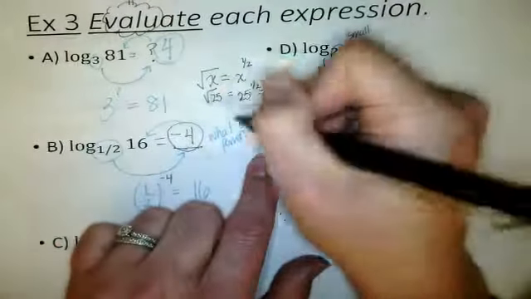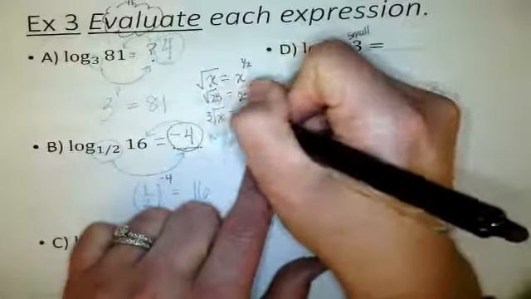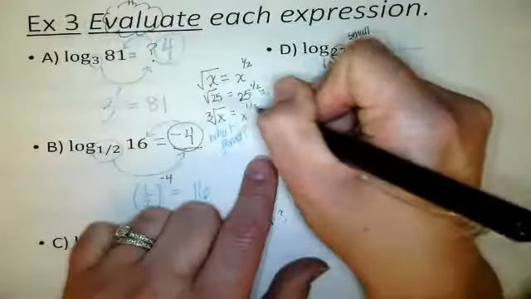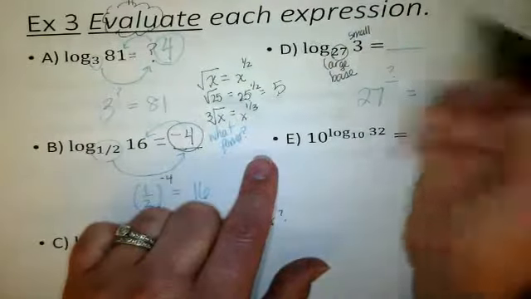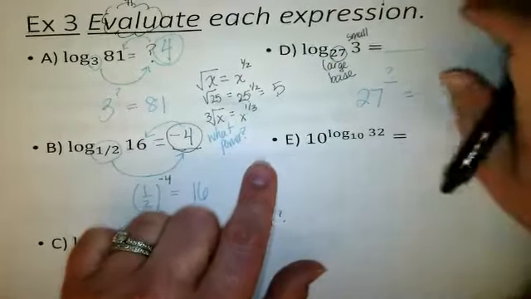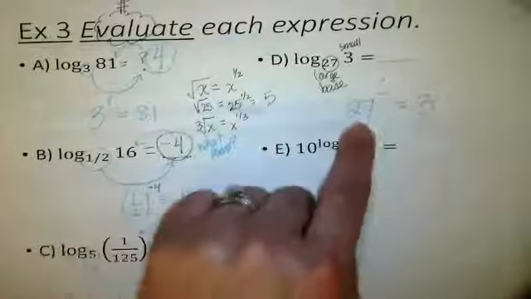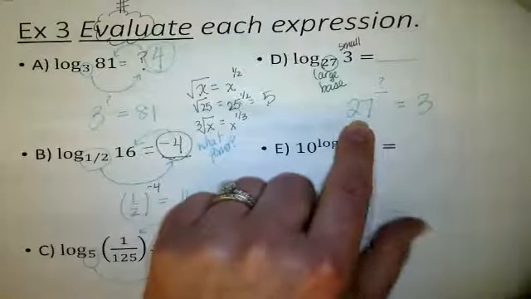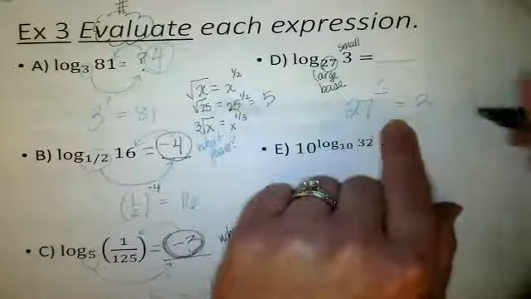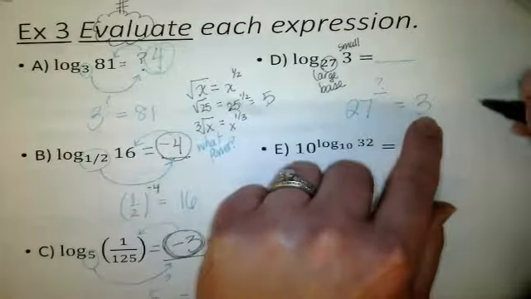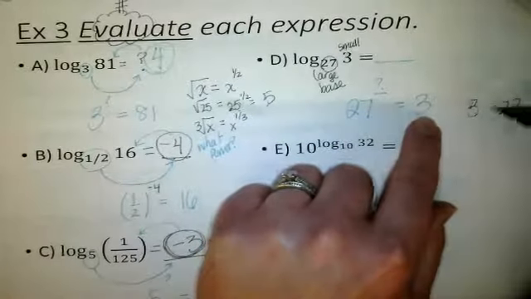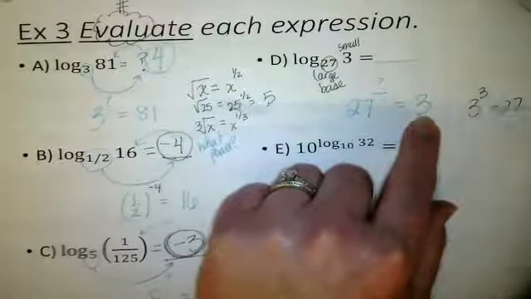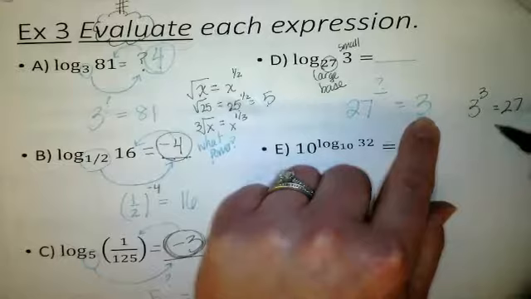Okay. The cube root of x would be x to the 1/3 power. What do you think the power needs to be here? Let's see. I'm going to go the other way. I'm not so good with this, but I can use 3 and 27 another way. 3 to what power gives me 27? 3 to the 3rd gives me 27.